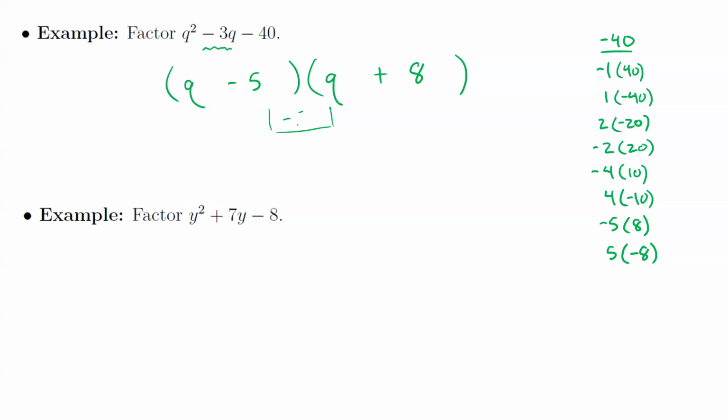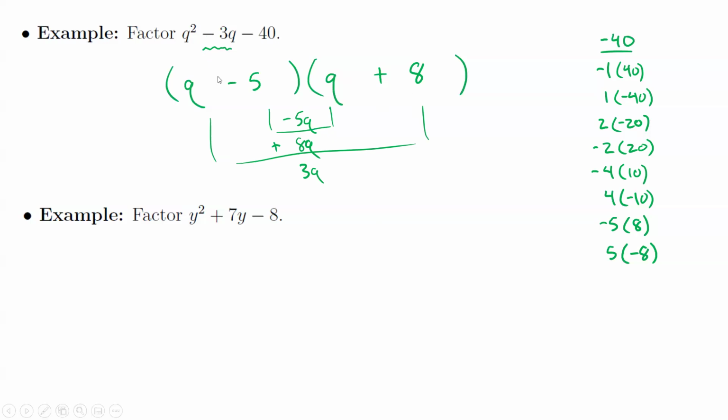When you go to check, the reason we know we've done it wrong is because when we add those, negative 5 plus 8 is positive 3q. Well, if I get positive 3q and the answer is negative 3q, then I know what I've done is I have just swapped the signs. The signs are in the wrong place.